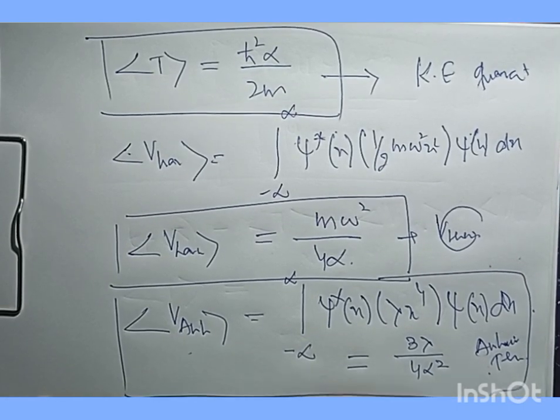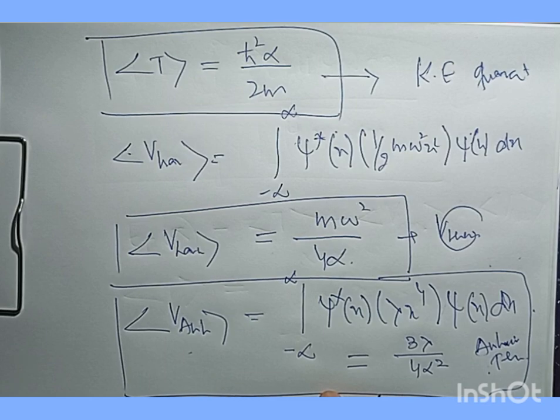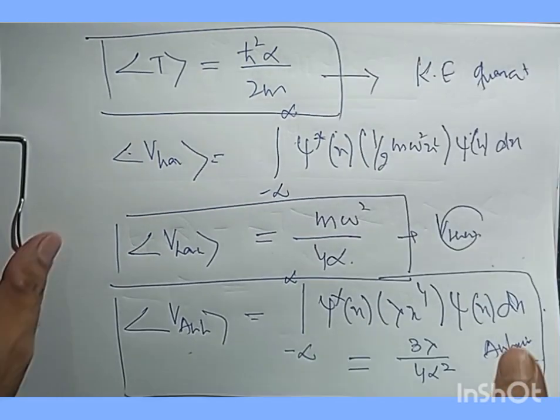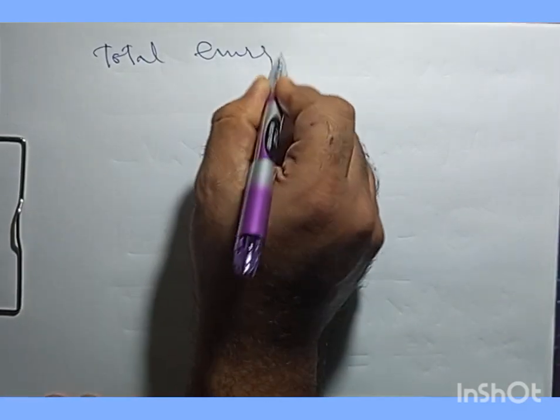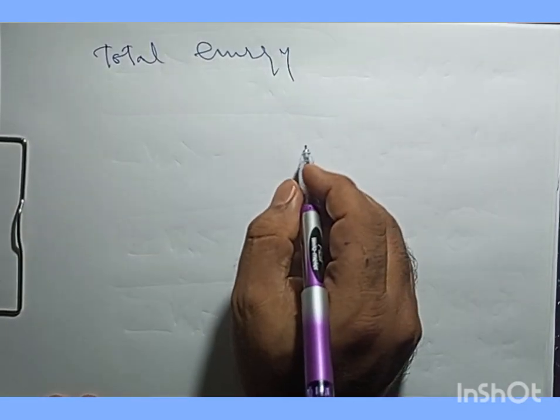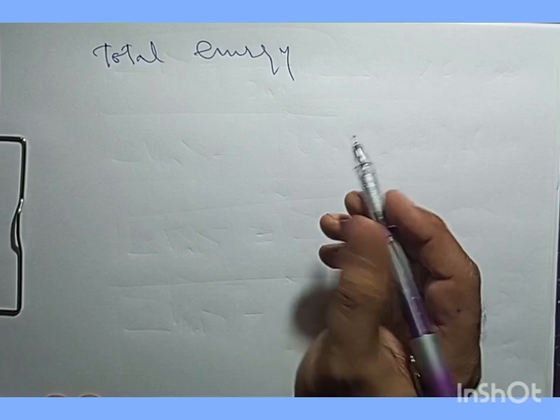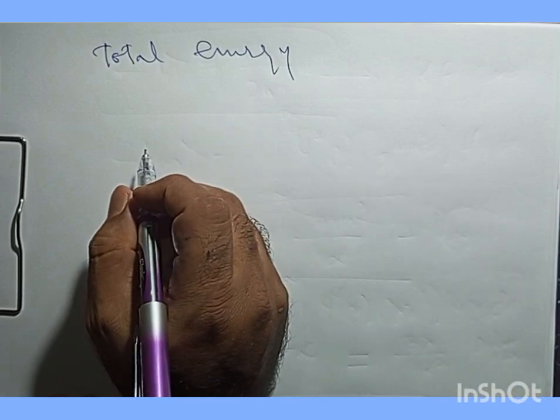So now we can write down the total energy expression. We combine all the terms to get the total energy of the function in terms of alpha.